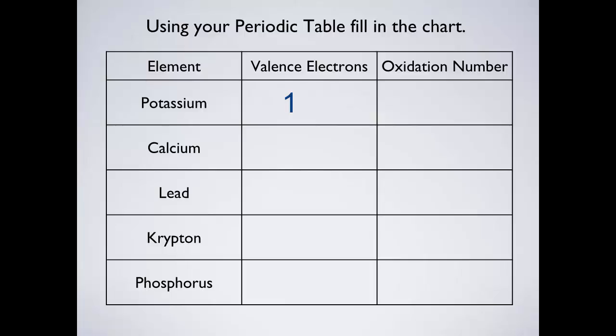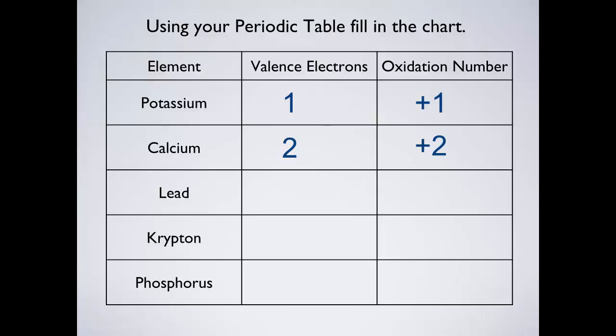No, because it has one extra that it would like to get rid of. So think about the plus like extra, +1. How many valence electrons does calcium have, Grace? 2. What would its oxidation number be? Jake? +2. It has 2 extra electrons.